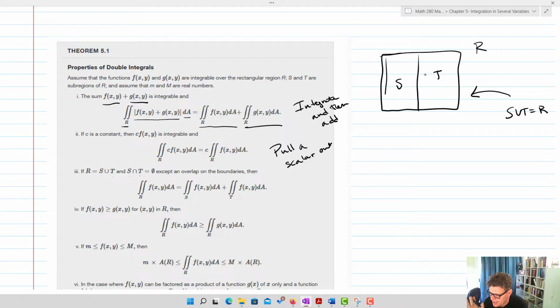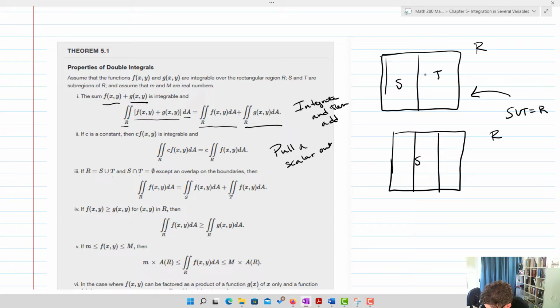What that means is, except maybe an overlap on the boundaries, we're not doing something like this, where we've got R, here's R again, and here's S, this is all of S, and then T is all of this.